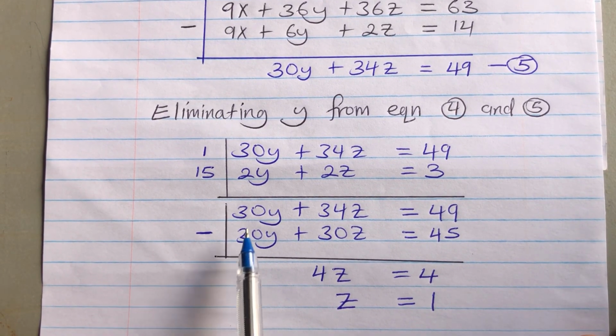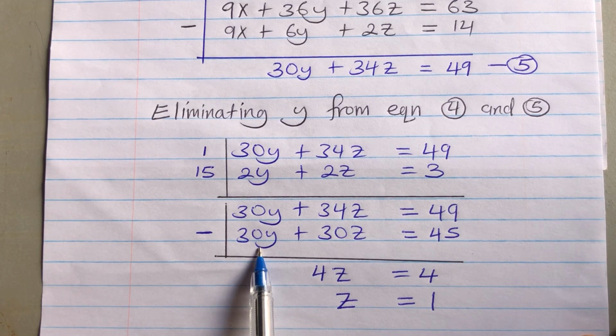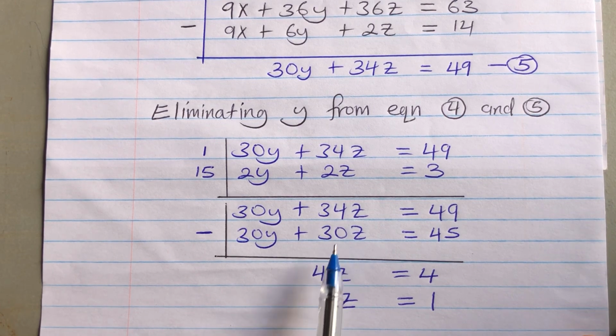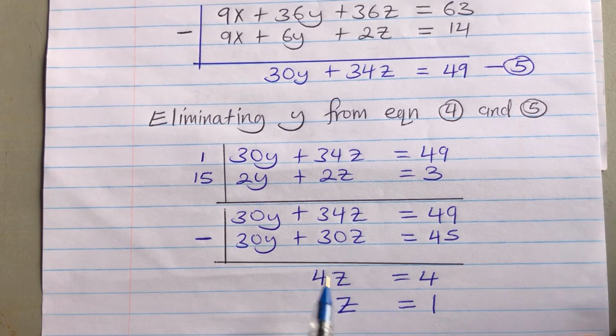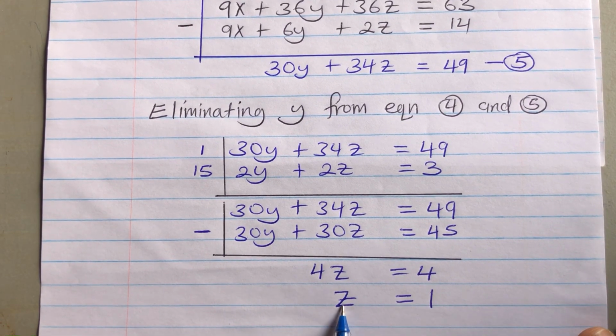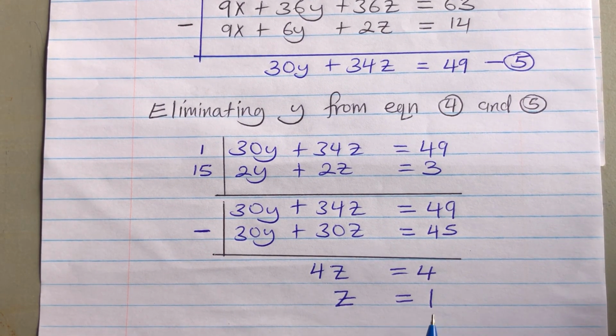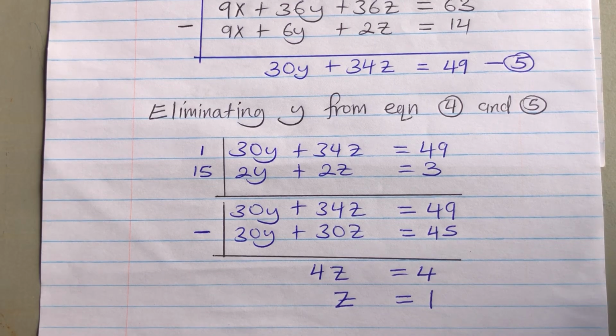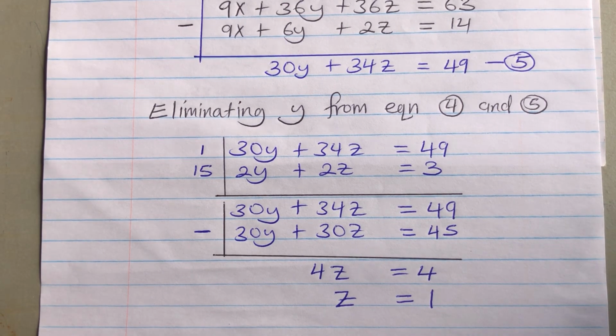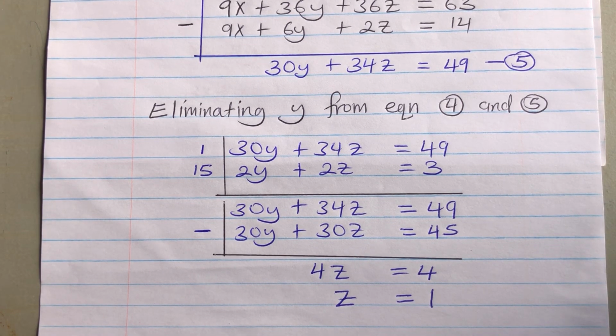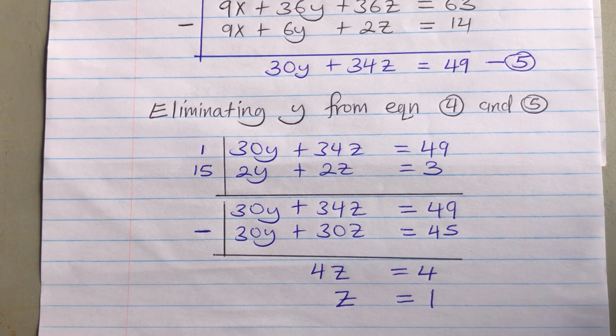When we subtract, y will reduce to 0 and we remain with 4z equaling to 4. So when we reduce by 4, we end up with z as 1. So you see that we have reduced until we remained with one variable, which is z.